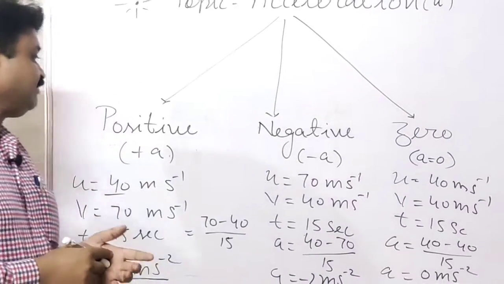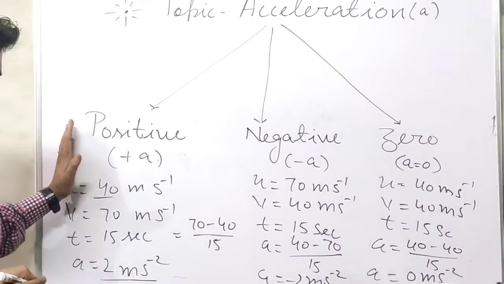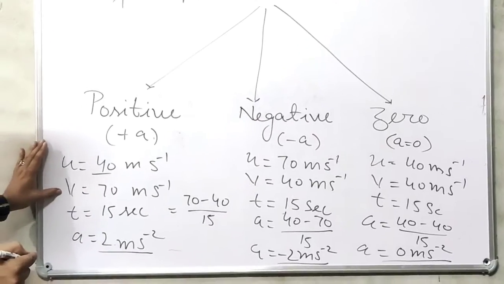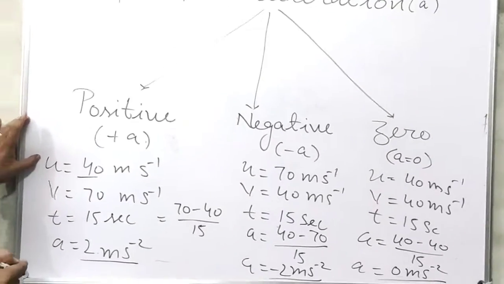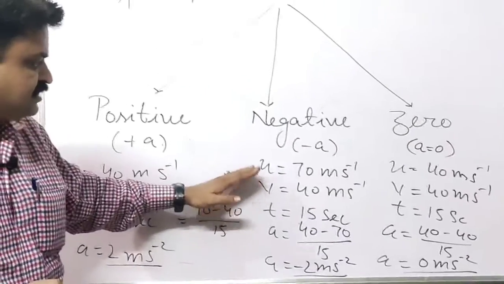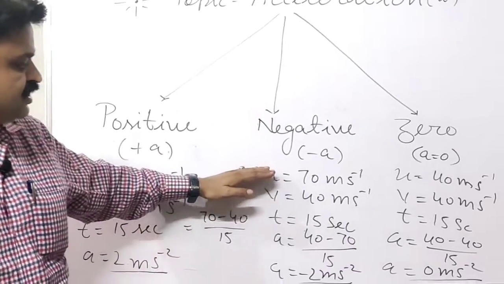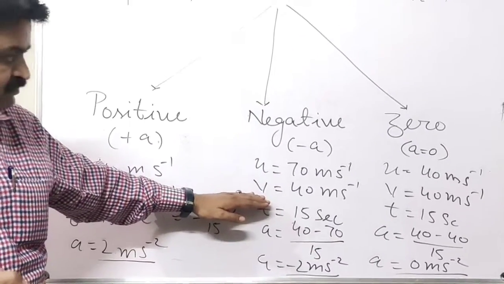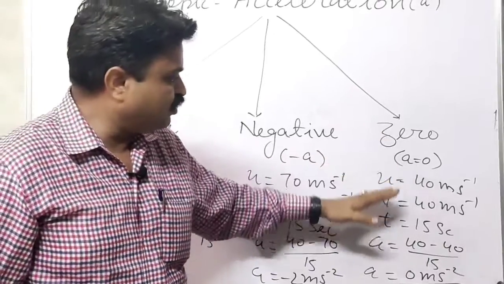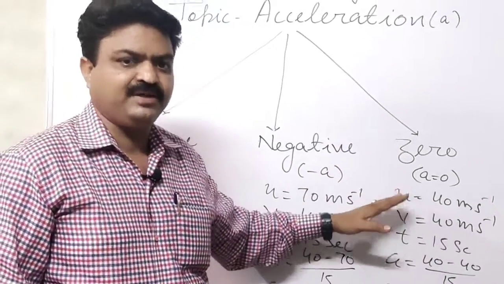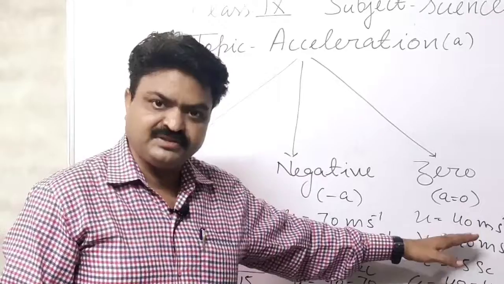Again I am revising. In positive acceleration, the final velocity is more than the initial velocity. In negative acceleration, the initial velocity is more than the final. In zero acceleration, both the initial as well as the final velocity remain the same.